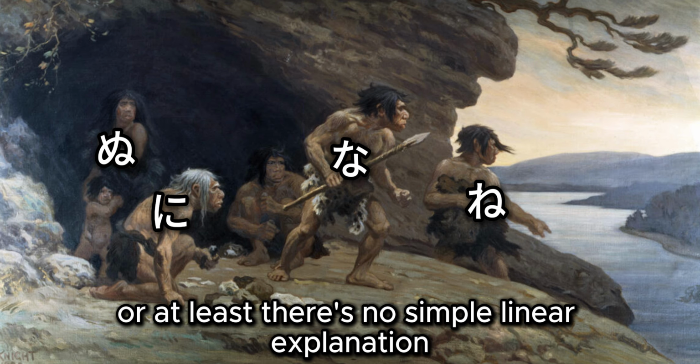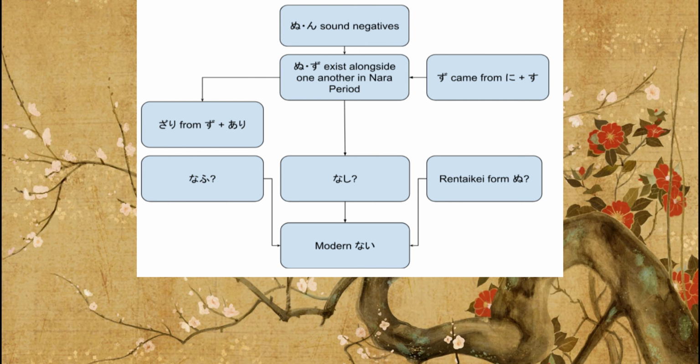When you see the following negative forms in Japanese, nu, nai, zu, zaru, they should hopefully not seem too alien now, as they are all from the same origin point. You had a set of n and nu sounds that indicated negation in very old Japanese.